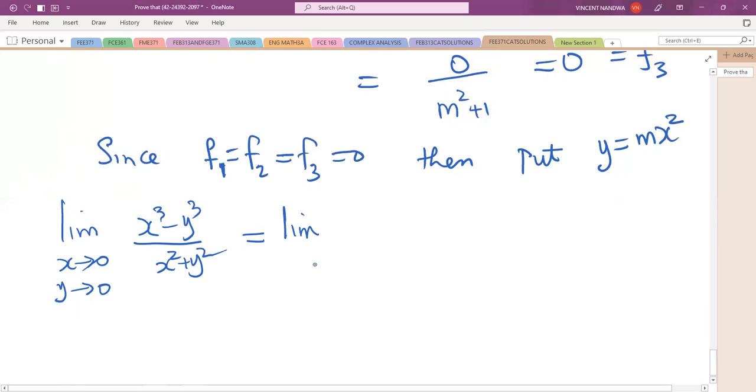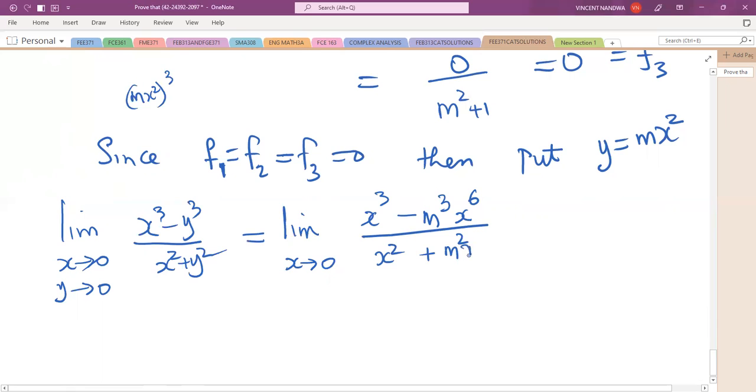Now everything will be in terms of x, so x approaches 0, x cubed minus m cubed, and when you say mx squared to the power 3, 3 times 2 is 6, so x to the power 6, divided by x squared plus m squared x to the power 4.